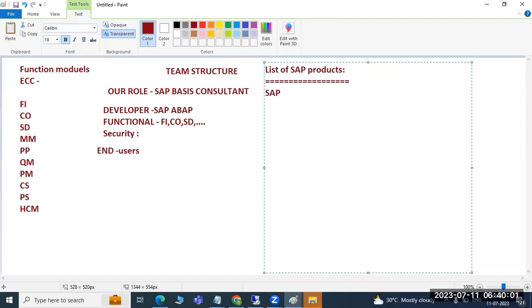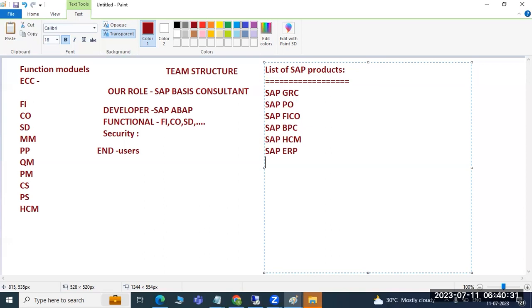Those are the SAP products: SAP GRC, SAP PO, SAP Finance, which means FICO, SAP FICO. Then SAP BPC modules. Then we have HCM. Then SAP ERP, which covers all our ECC systems, and everything is under ERP systems. So it will come under ERP, right?